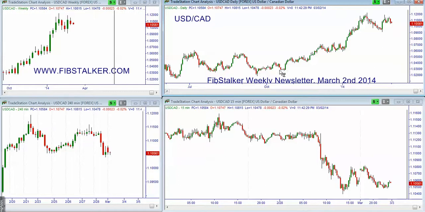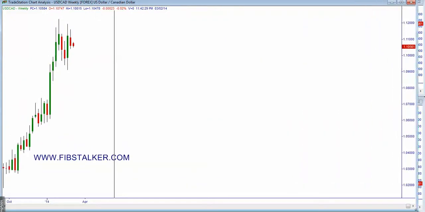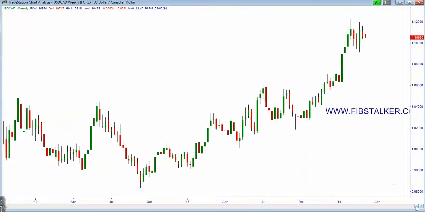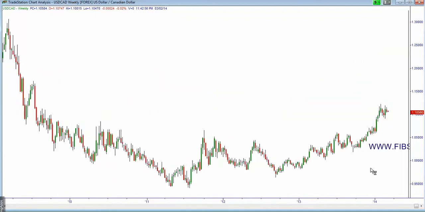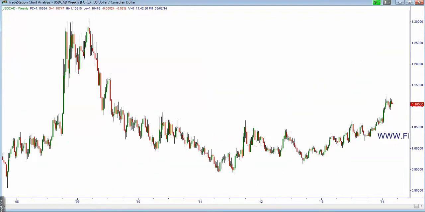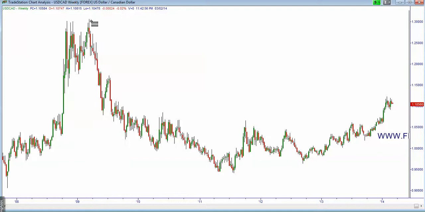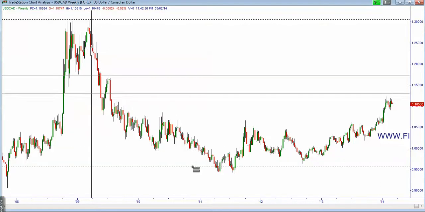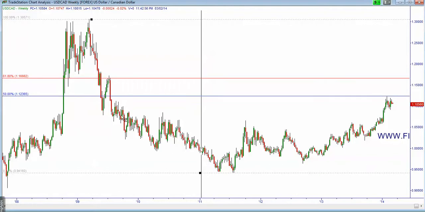So I want to start from the weekly chart, from the US dollar versus the Canadian dollar, and show you what happened in the last few weeks. We saw participation on the downside clearly on this weekly chart from the highs in 2009 to lows in 2011 here.